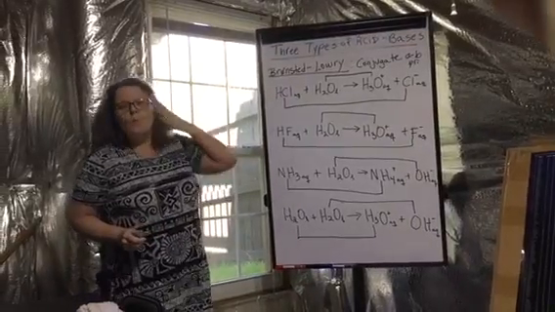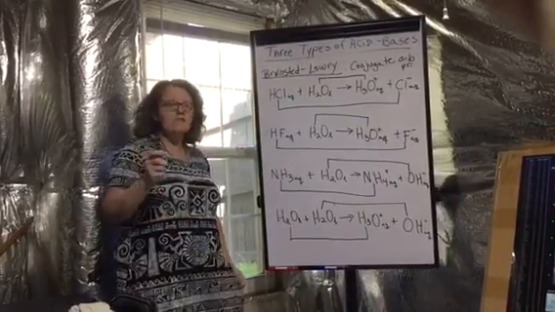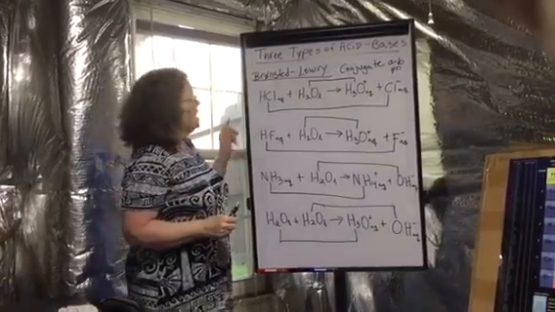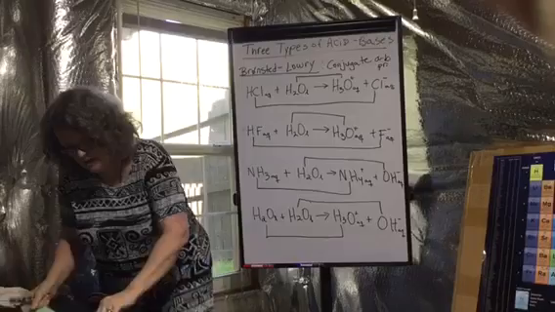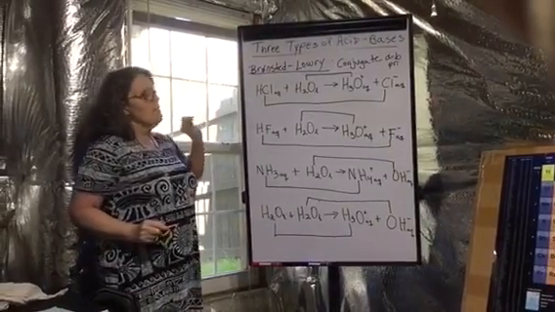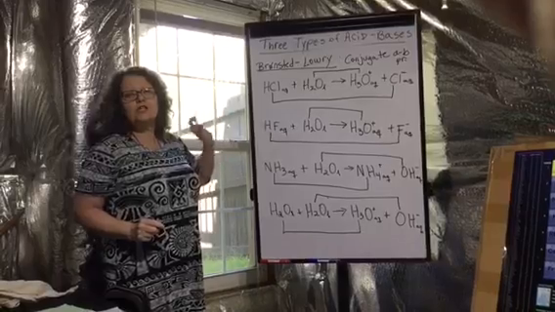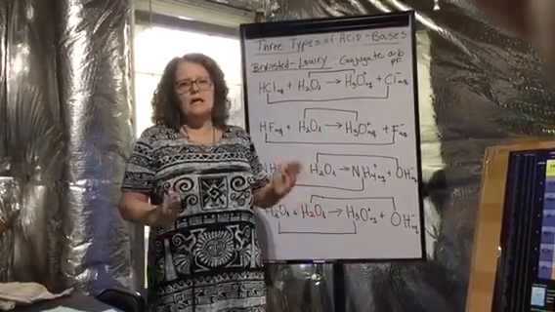Now, we then use Bronsted-Lowry's definition. And their definition is the idea that an acid is a hydrogen donor and a base is a hydrogen acceptor. Now here's the trick. It can donate a proton.